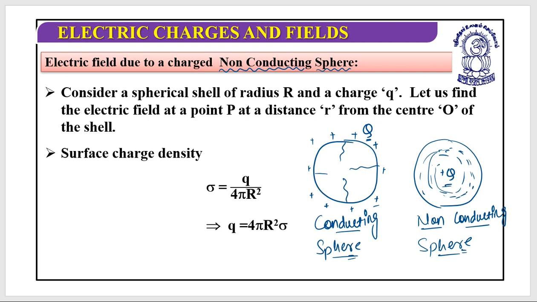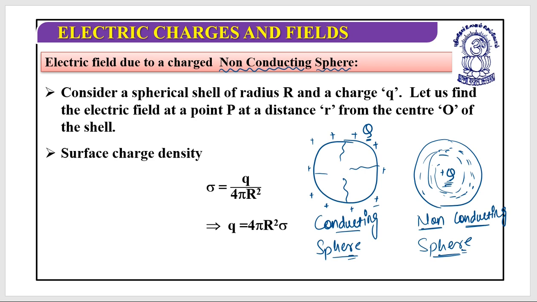But we are sure that this charge would not be completely available on the surface. So even within the sphere, there must be certain charge enclosed, while I am talking about the non-conducting sphere.